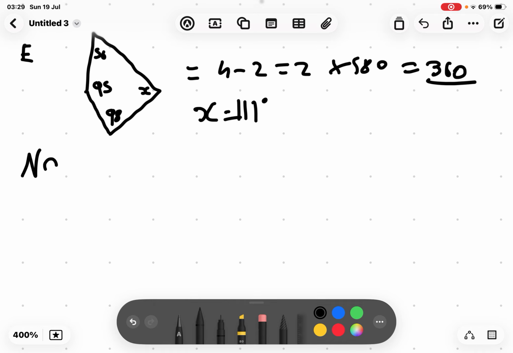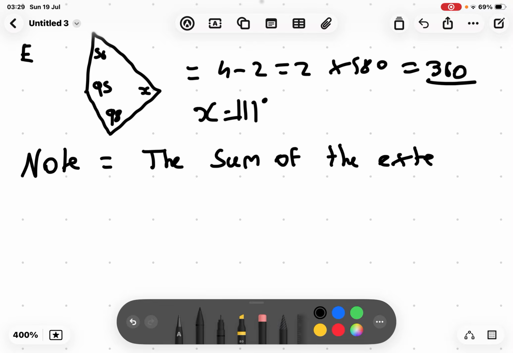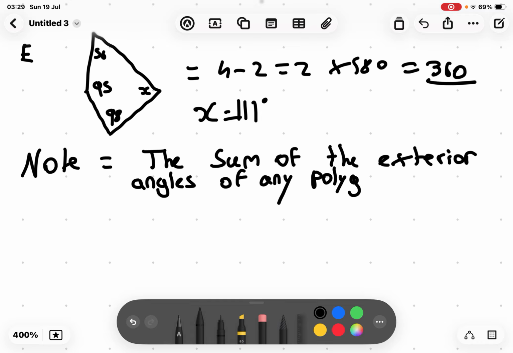And a very important note is that, and what I mean by this is, let's say we have a triangle, and there are some outside angles.